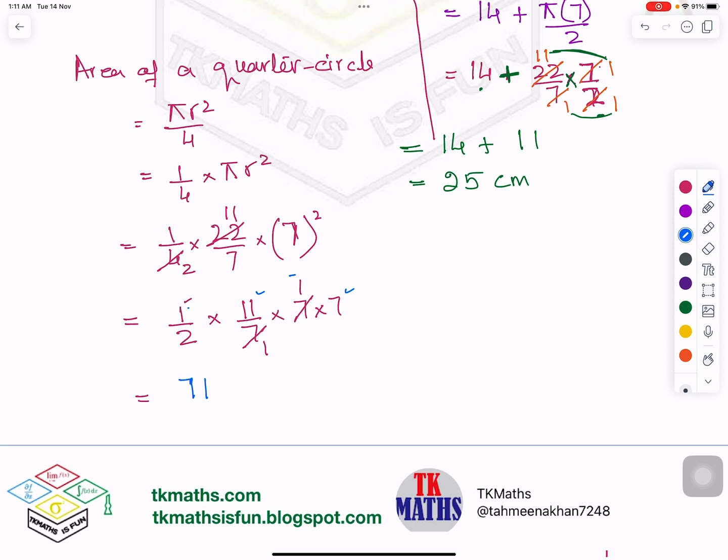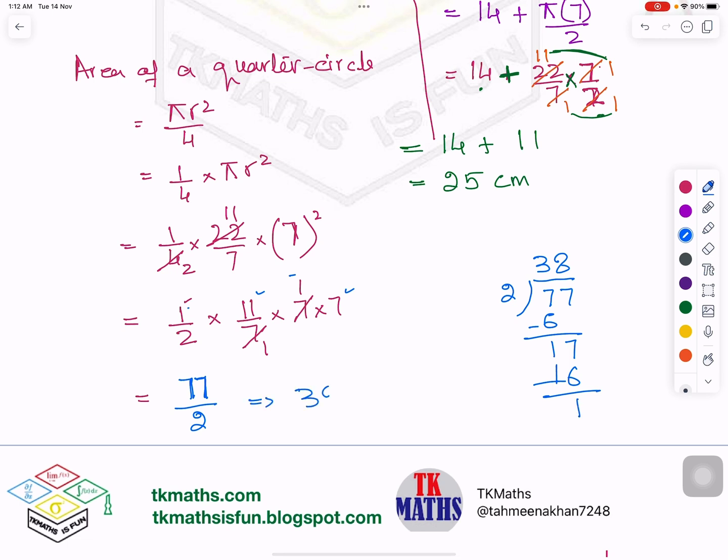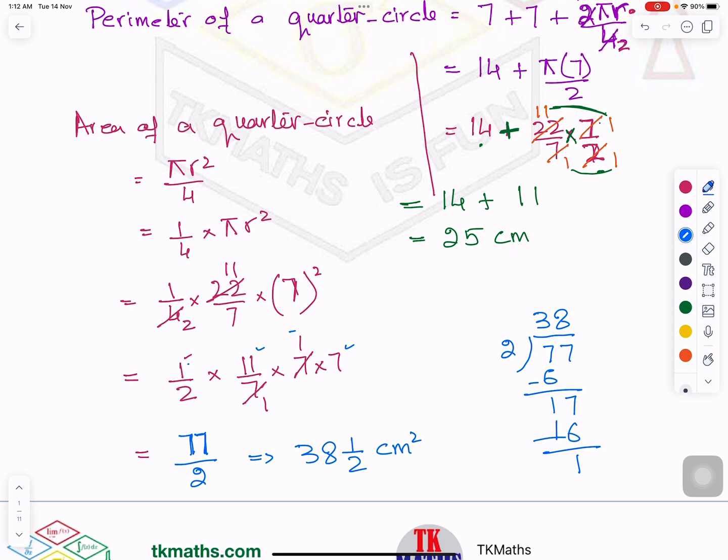So it will be 77. 11 sevens are 77, divided by 2. This is an improper fraction. Usually we do not leave the answer as an improper fraction, so we change it into a mixed number. But if you leave it like this, I am sure it will not be marked wrong. So 2 3s are 6. I will bring down this 7. 2 8s are 16. So it is equal to 38 whole 1 upon 2 square centimeter, because it is an area. It was not a part of the question. I just tried to explain it to you.